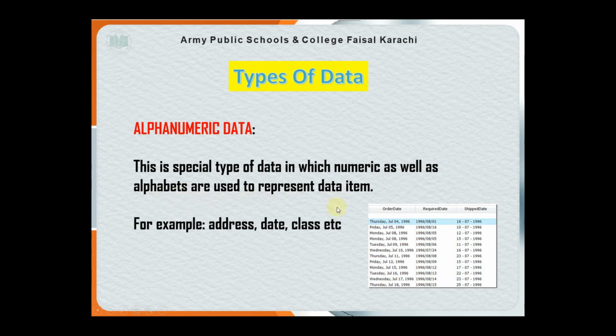For example, this type of data consists of alphanumeric data like address, date, class. You can see here Thursday, July 4, 1996. So this includes alphanumeric data.